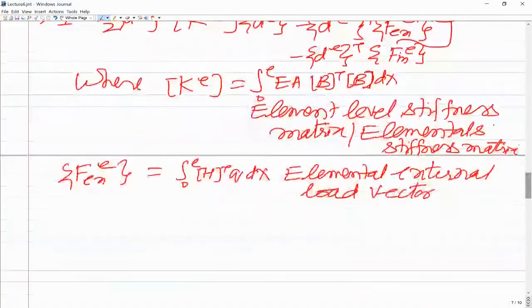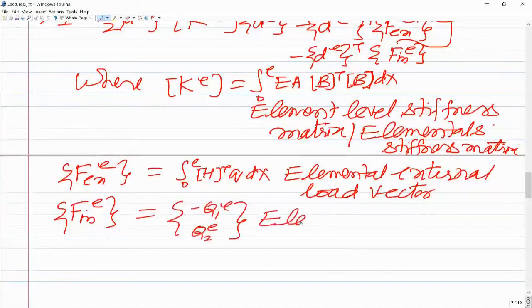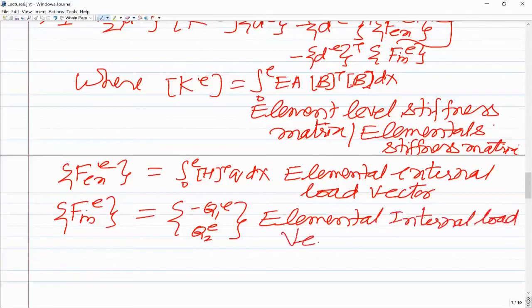Finally, this notation F internal is basically minus q1e and q2e. This is the elemental internal load vector, or element level internal load vector.